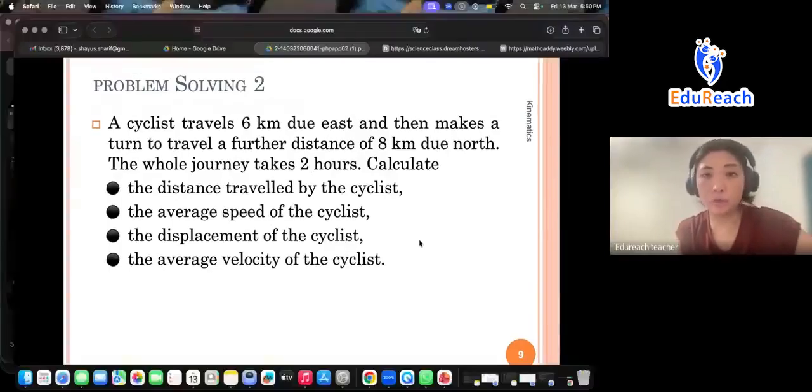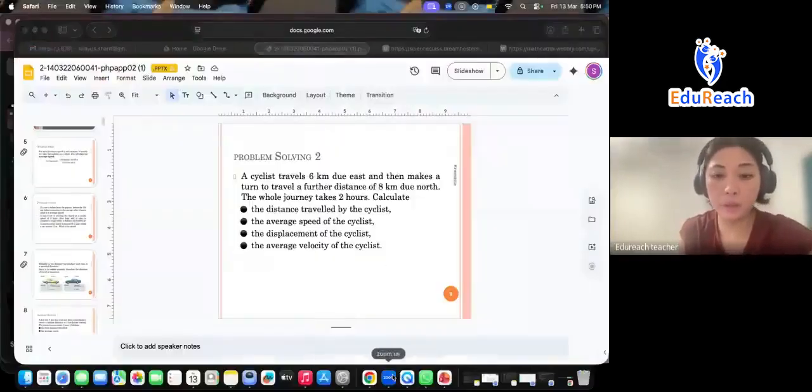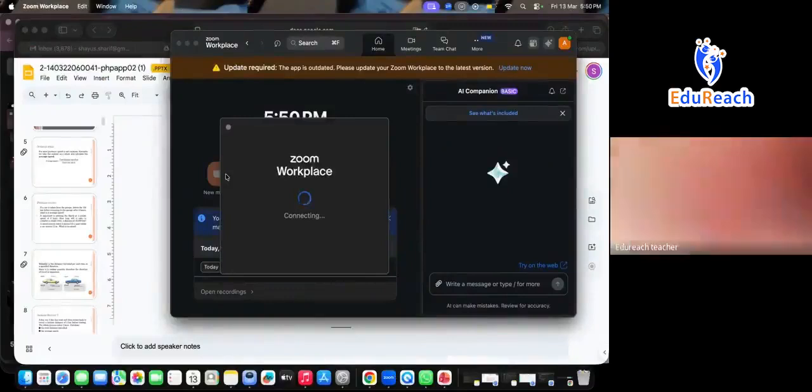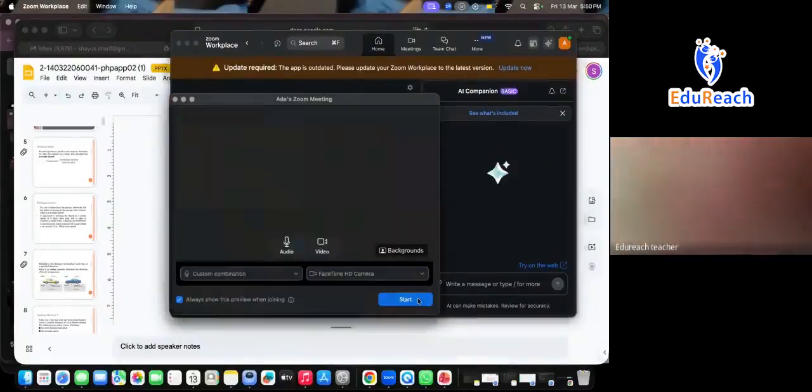So let me just set up my Zoom so that I can at least annotate for this. Give me a second here. You remember in Sec 2 you have learned Pythagoras theorem, right?